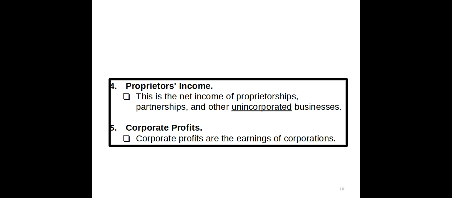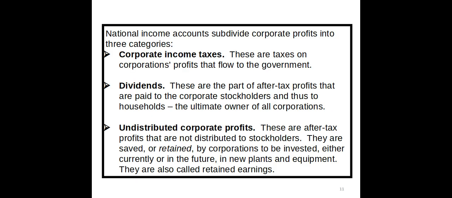Proprietor's income, this is kind of the profit side. This is the profit of proprietorships and partnerships in non-incorporated businesses, and then there's corporate profits, the profits of corporations. So wages, rent, interest, profit. Corporate profits, we've got their income taxes.